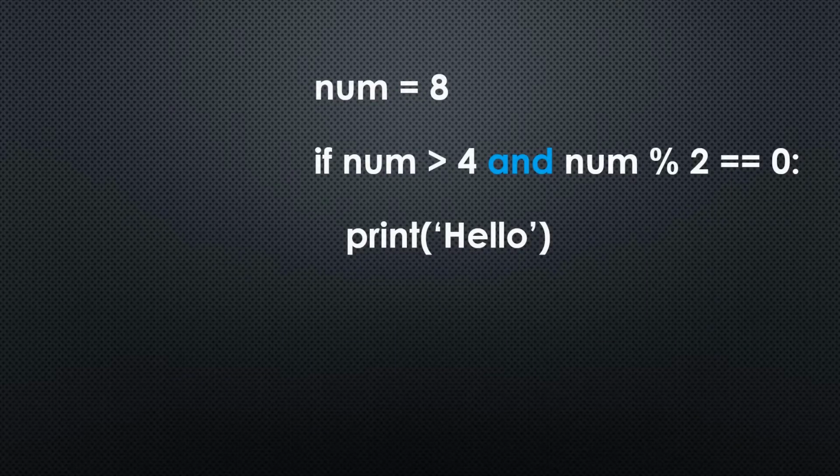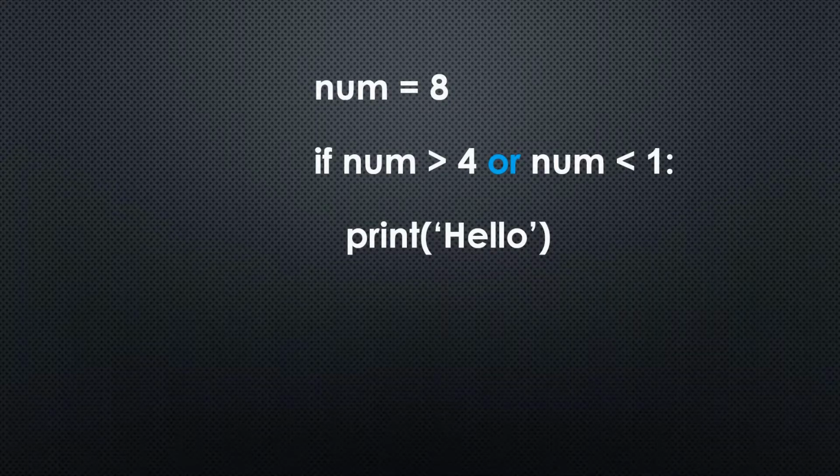And what's even better is that using this method, you can add as many conditions as you want within the same if statement. An example instead of the OR operator could be if we want our number to be greater than 4 or smaller than 1. For example, in this case, we'd write if num greater than 4 or num smaller than 1.